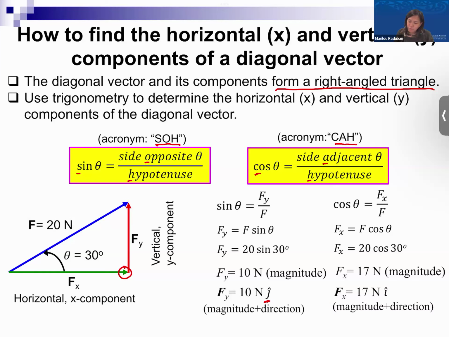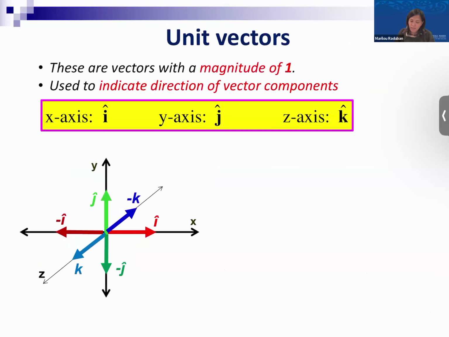And for the x component, we have 17 newtons in the positive x-axis direction or to the right. We use i hat to represent the positive x-axis direction. Okay. So what are these i hat and j hat?